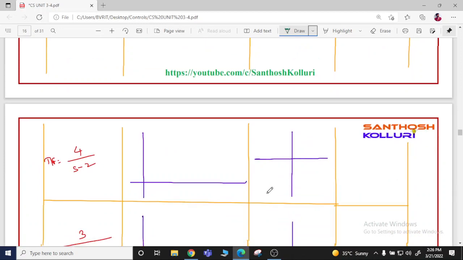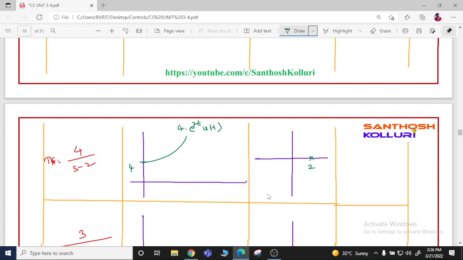And here coming to this transfer function 4 by s minus 2, the root is lying at s is equal to 2 and the impulse response of this one is 4 into e power of 2t u of t. That means starting at magnitude 4 the response is exponentially increasing. So the root is lying at s is equal to 2.